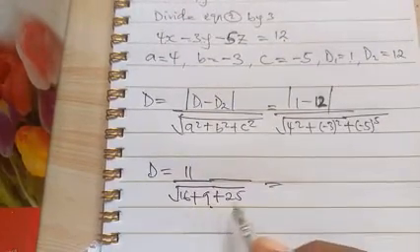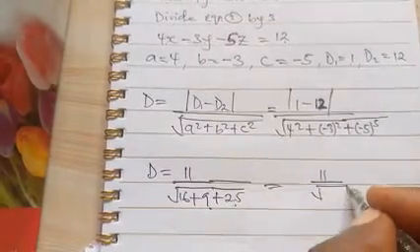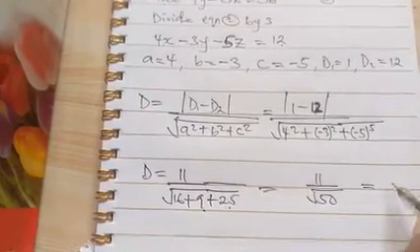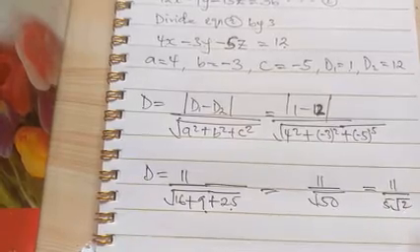If we add all of this up, we're going to have 11 over the square root of 50, and the square root of 50 is 5 root 2, so 11 over 5 root 2.